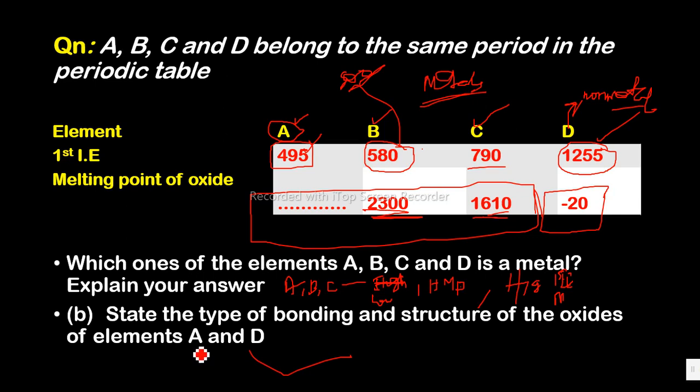It's simple. The question is, for A, the bonding is this, and the structure that is formed is this. For D, the bonding is this, and the structure that is formed is this.